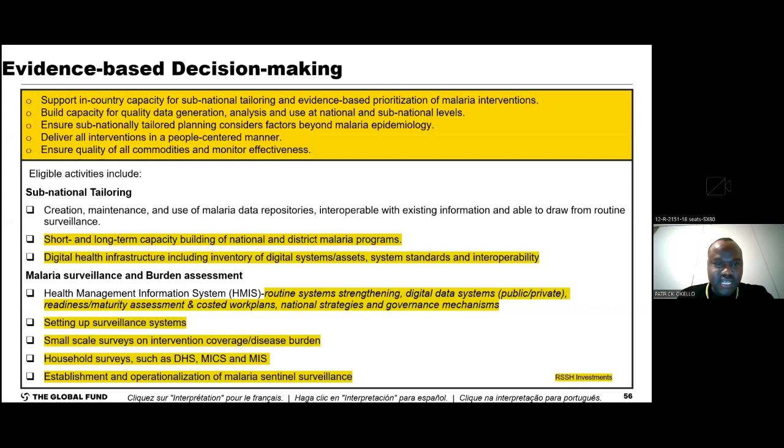And of course, that these are people-centered and ensure that quality commodities are available, so that we have these data systems to help us evaluate our work. We'll be supporting a range of these data systems, including HMIS, surveillance systems, surveys as usual. So this part is what we have been doing, and all of this is linked to RSSH investments. Next slide, please.